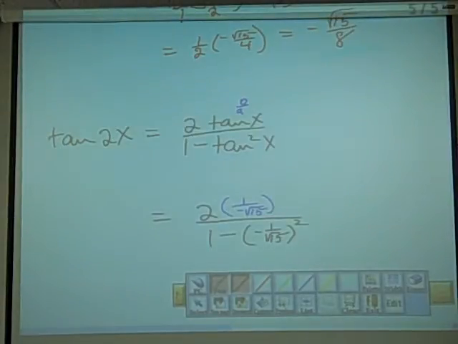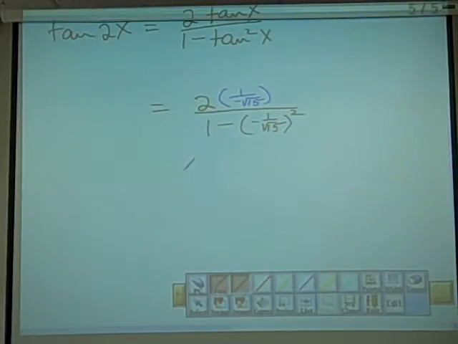Now notice I haven't rationalized my denominator yet. Well, in the denominator, we're going to square that, right? So we really don't have to rationalize the denominator.